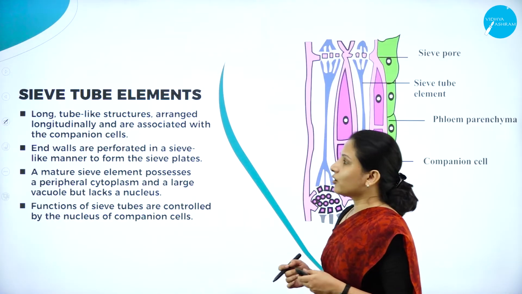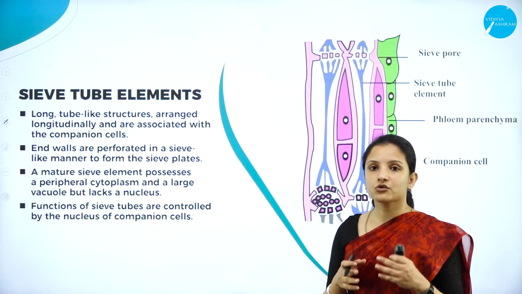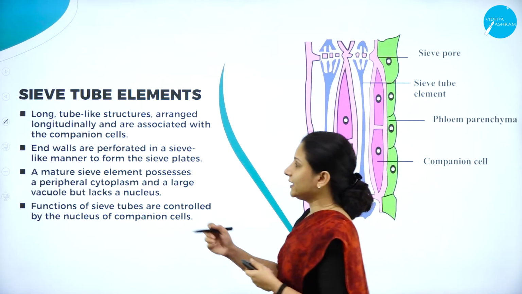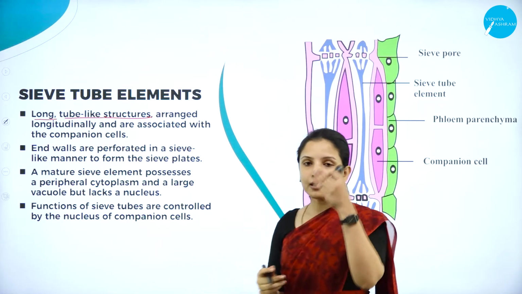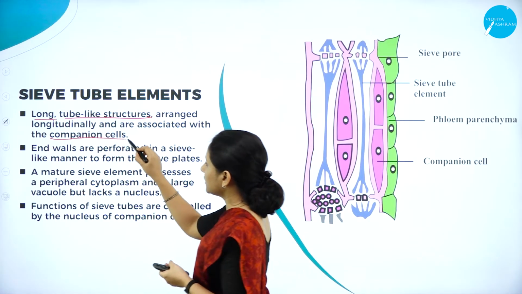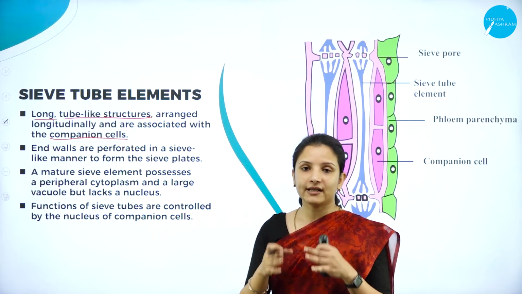Next, moving on to studying each of the components of the phloem tissue one by one, that is the sieve tube elements. The sieve tube elements are usually long, tube-like structures and they are arranged longitudinally and they are always with the companion cells. The sieve tubes do not exist alone.